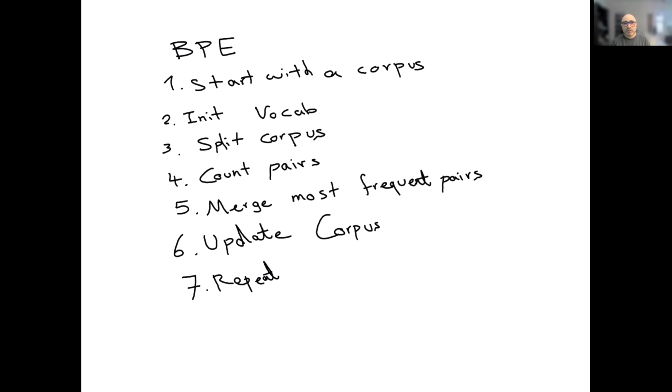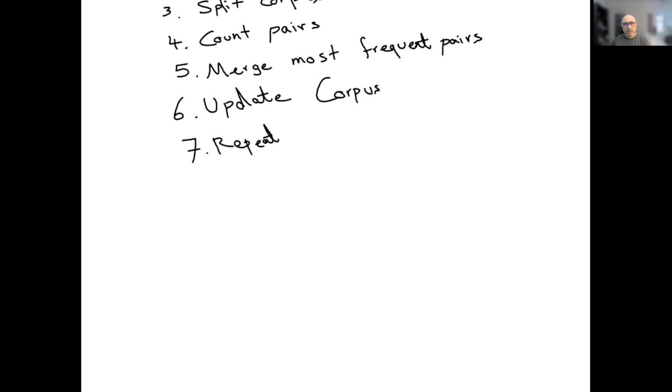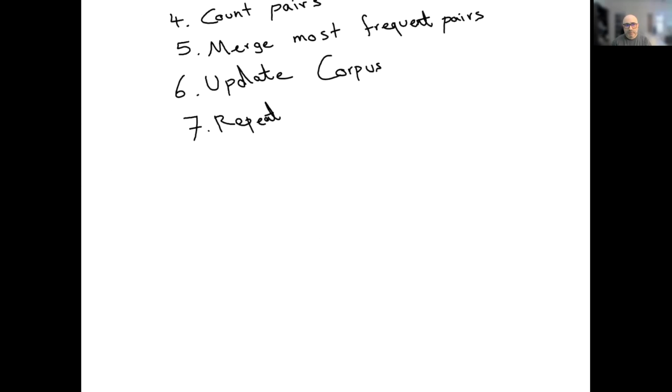So let's just start. Imagine we start with our corpus, a corpus with a bunch of words, and we have the frequency. In your corpus, whatever it is, a bunch of text in your paragraph, you have the words and you count them.